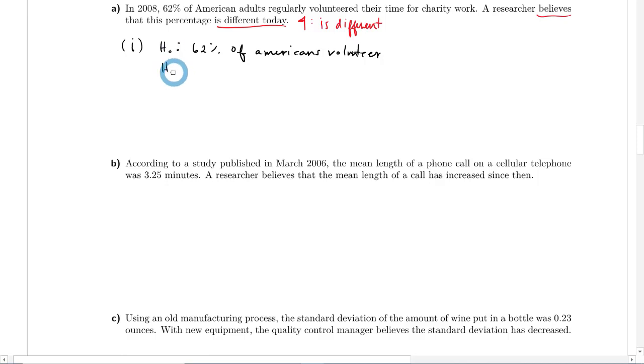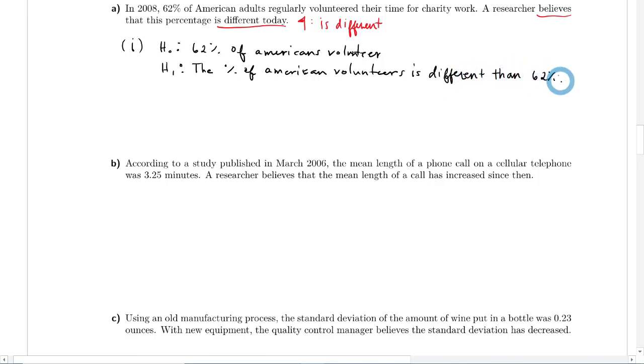Now the alternative, H sub 1, means that the percentage of American volunteers is different than the 62%. The second part is that because it's different, we identified that this is two-tailed.